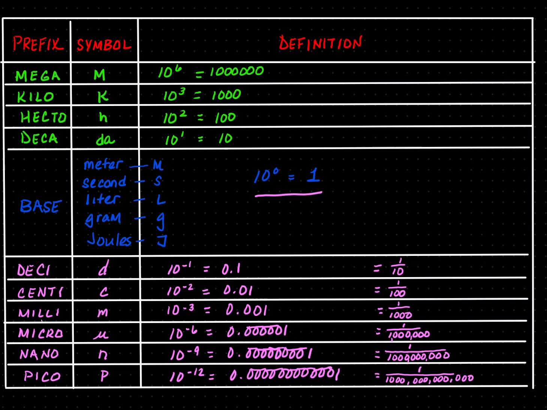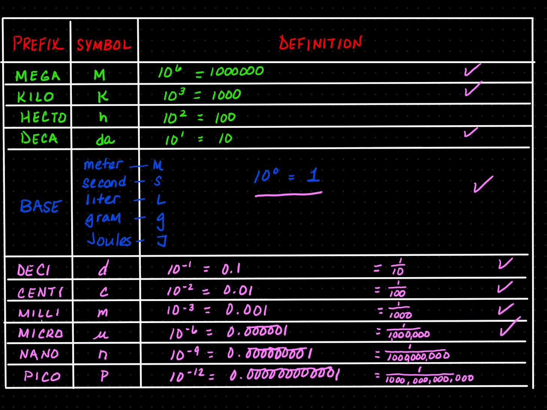Pico, which is p, is 10 to the negative 12th, which is also equal to 0, 11 zeros and a 1, or 1 over a trillion.